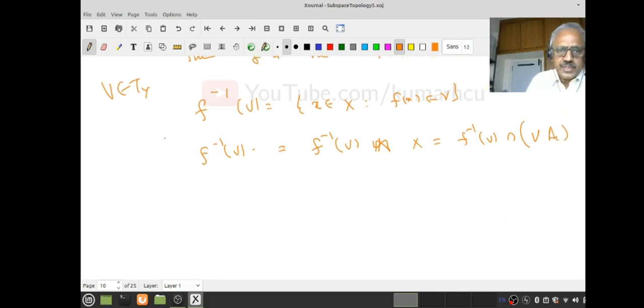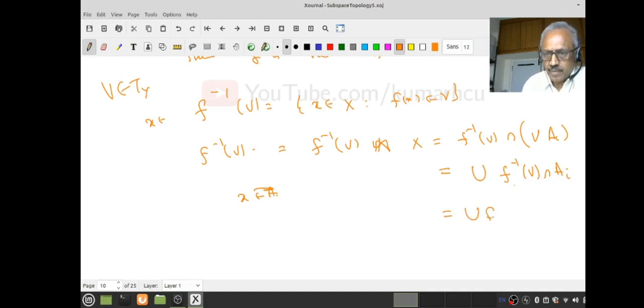Therefore, if x belongs to this, that means x must be in some A_i. So this is nothing other than the union of f inverse of V intersection A_i. But then remember, if x belongs to A_i, then f(x) is f_i(x).